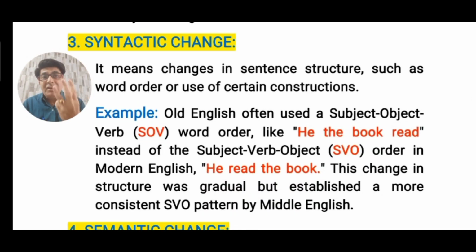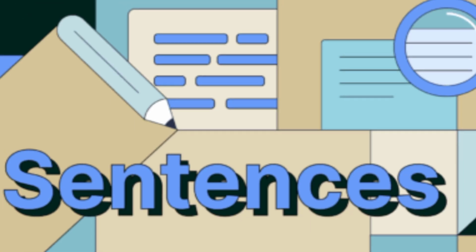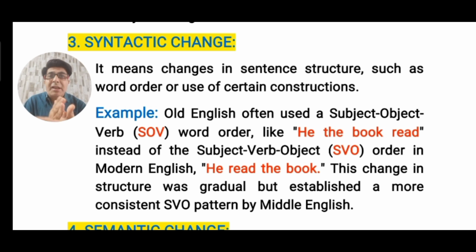In the same manner, the third important change is syntactic change, and syntactic change means the changes that we see in sentence structure. Okay, in modern times we have the sentence structure as subject followed by verb followed by object, but if you see the old English language, if you examine the English language which was spoken from 5th to 11th century, you find that the sentences used to begin with the subject followed by object followed by verb.